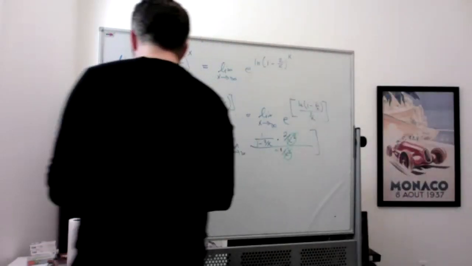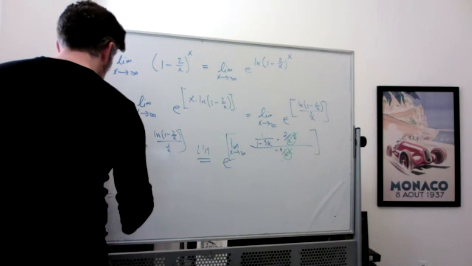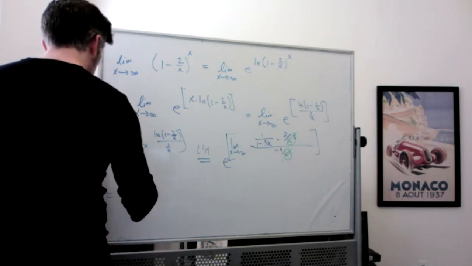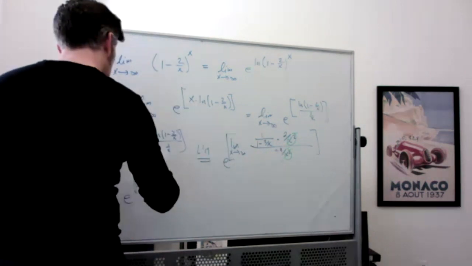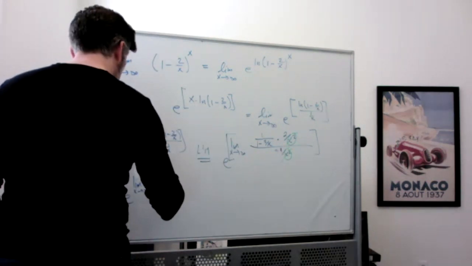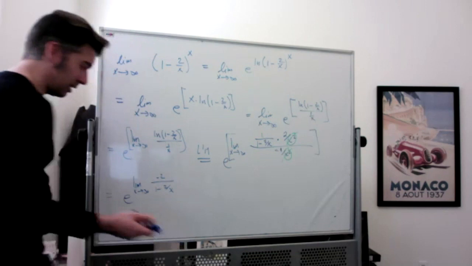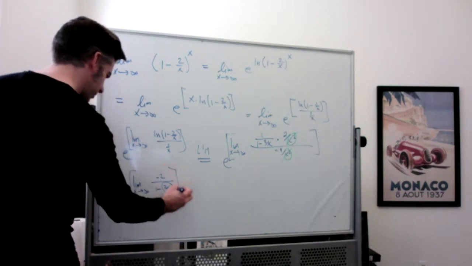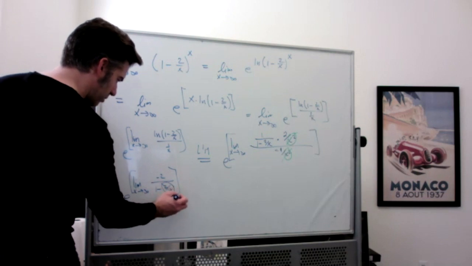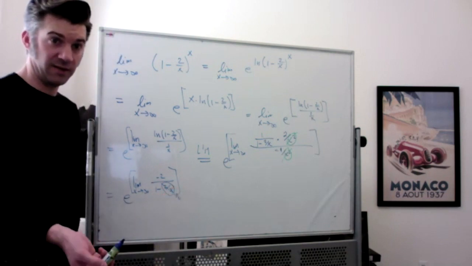So this ends up looking like e to the limit as x goes to infinity of negative 2 over 1 minus 2 over x. In this case, the 2 over x goes to 0, because 2 over infinity gets infinitesimally small.